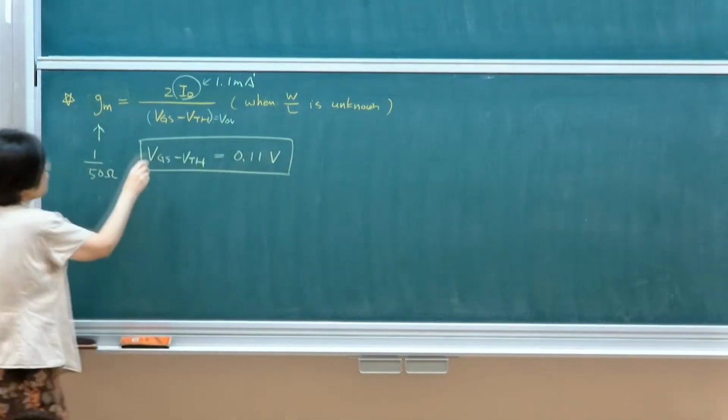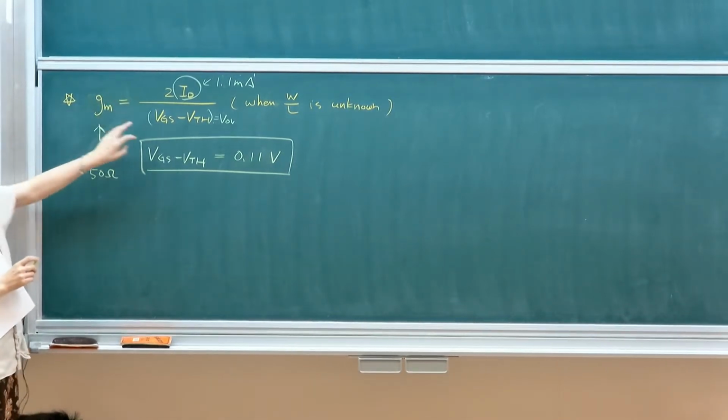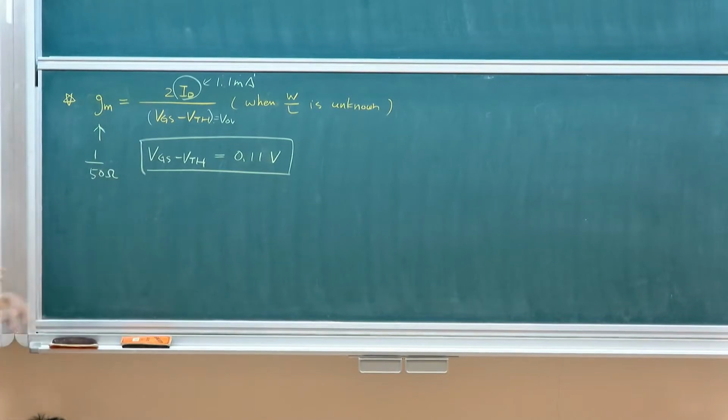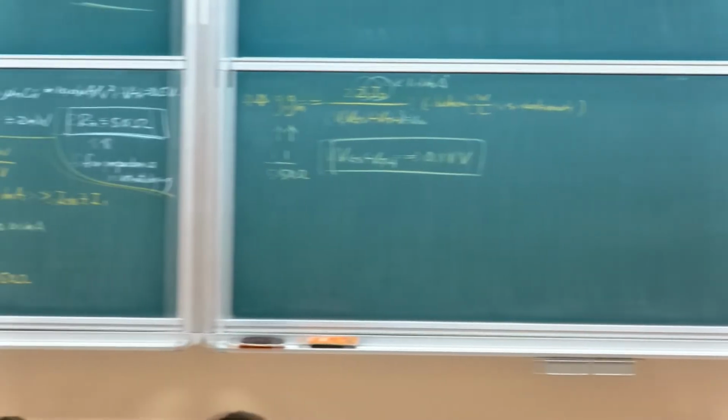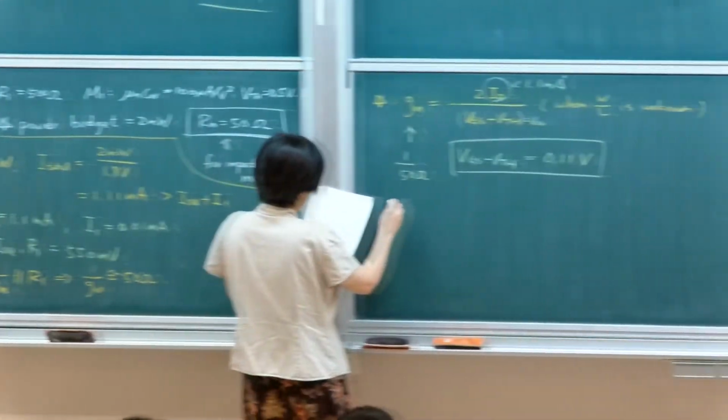So you get this simply by setting up my current. And when this current is fixed, GM is fixed, and your overdrive is fixed. So once this is fixed, then you can go back to determine, remember, what we need to know is the W over L of this device. So you go back to the current equation.